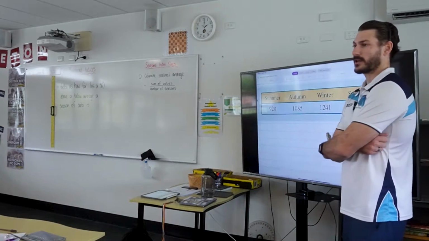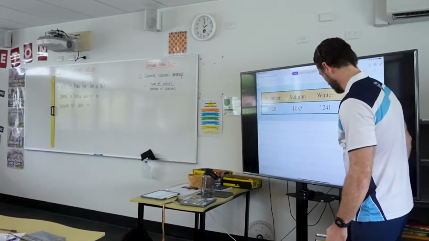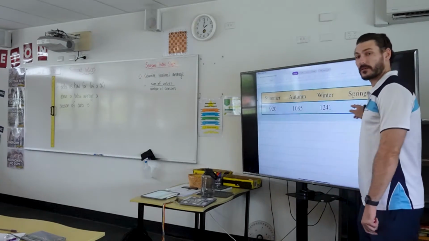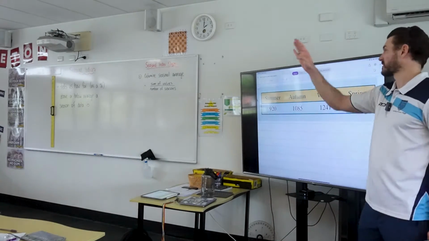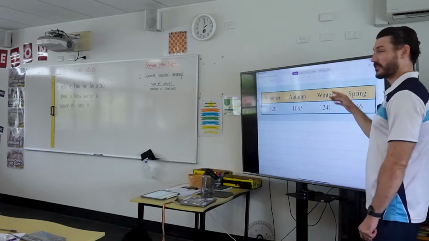Yeah, so if you're ready, you've got a calculator with you, unless you're extremely brilliant. Add all 4 together, divide by 4, because we have 4 seasons. Add them together, divide by 4.